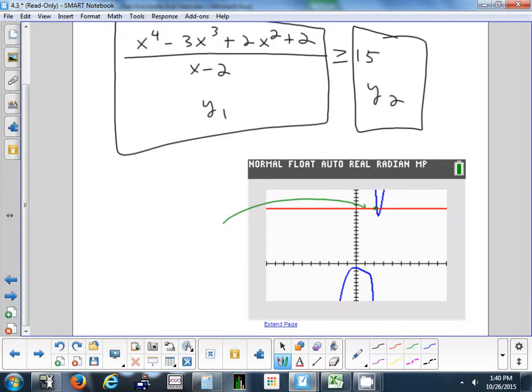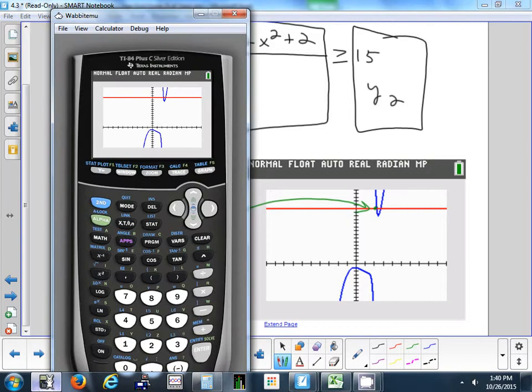So we'll start with that one. Second calc, intersect. Okay, and now for my guess, I've got to make sure I'm closer to the one I want. Looks like it's 2.67. Pretty close, but usually the cursor highlights the intersection that you just found.